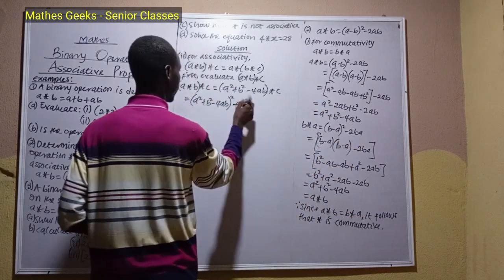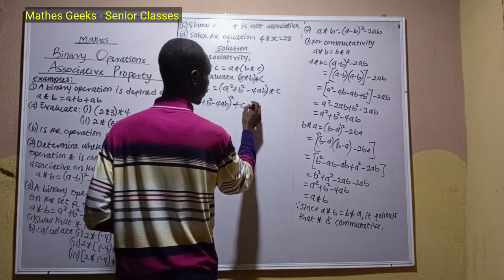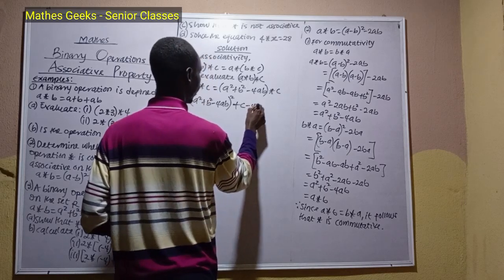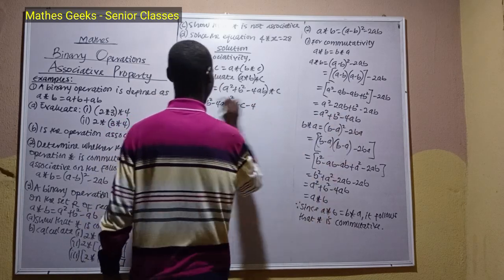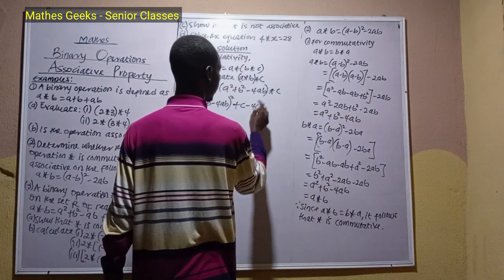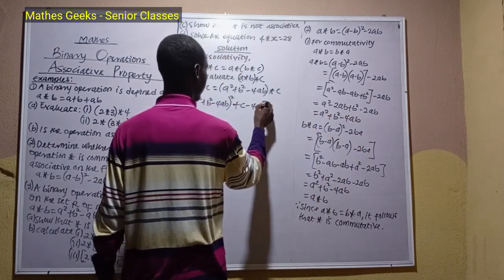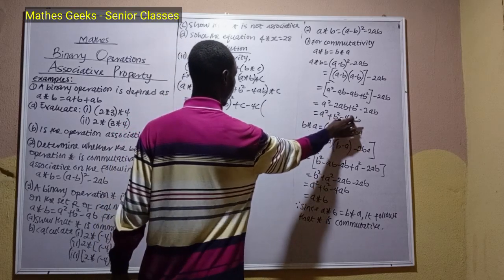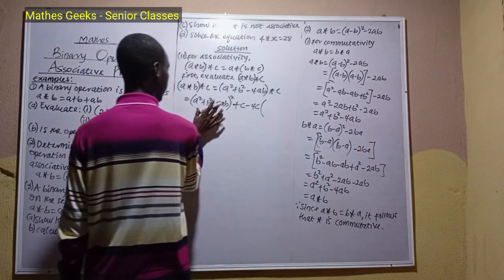B is C, so plus C squared, and then what do we have again? Minus 4. So A is this, and then B is C, so 4C in brackets, because A is represented by this bracket.